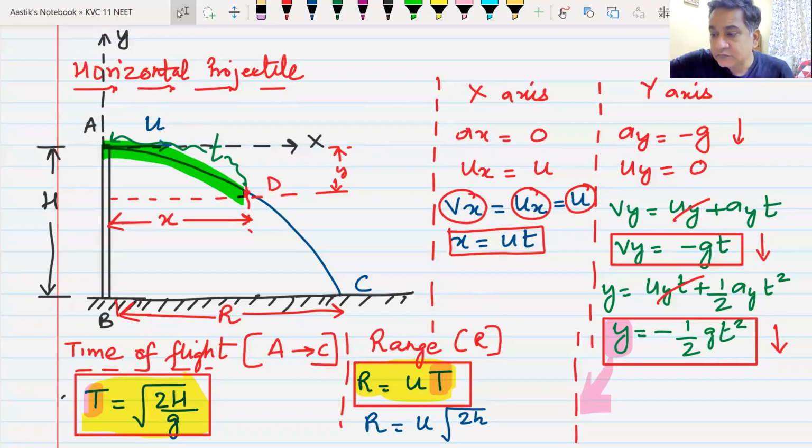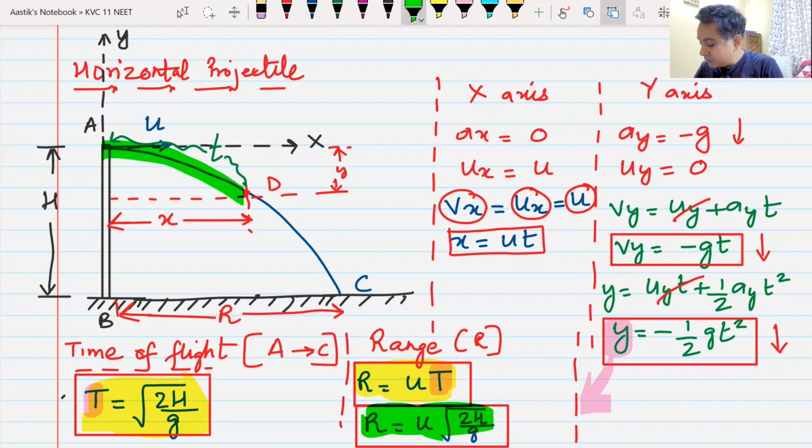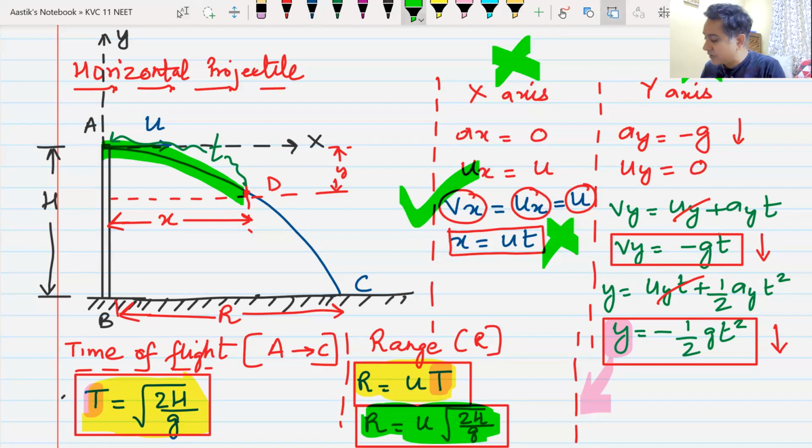Yes. Okay. So what I was telling you was this will become root over 2h by g. So this is the next formula that you can remember. The formula in green. As far as NEET aspirants are concerned, you might not require some of these, but you might require this, this, and this.